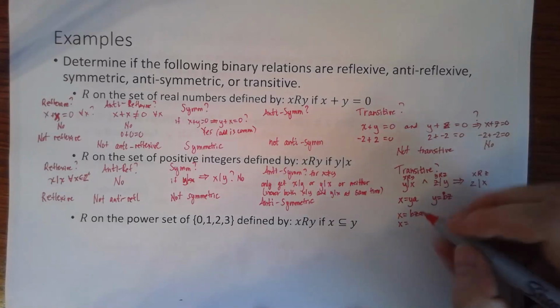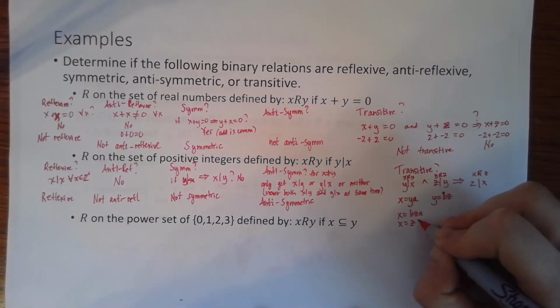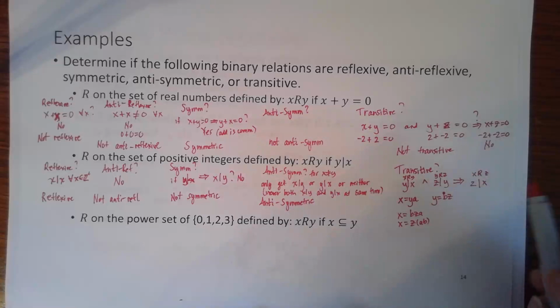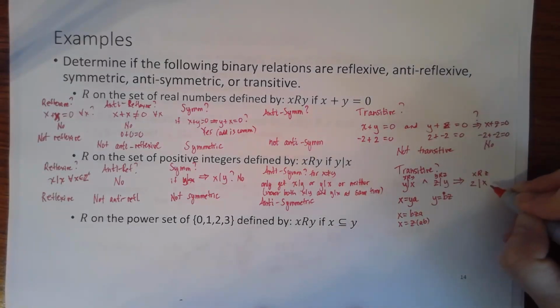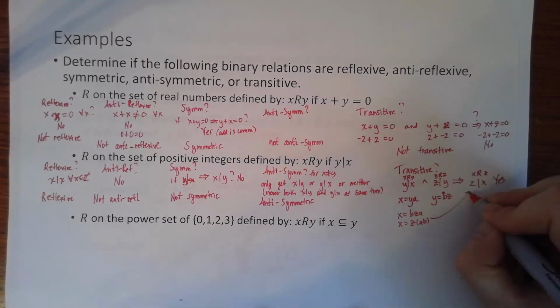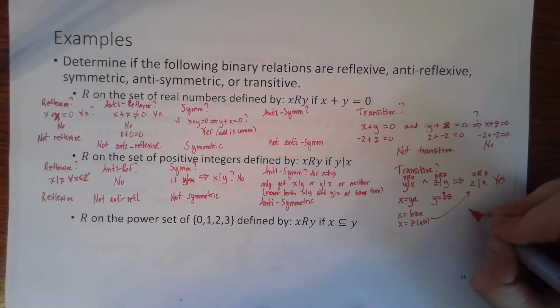Or we could group the a and the b together and write that as z times ab. Does this mean that x is an integer multiple of z? Yes, x is an integer multiple of z. So this one is indeed true, and so it is transitive.